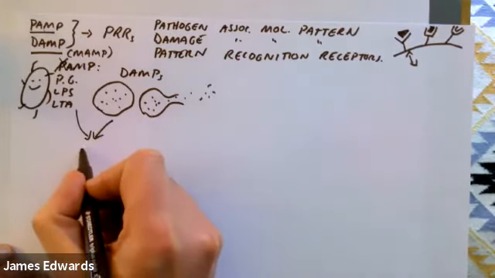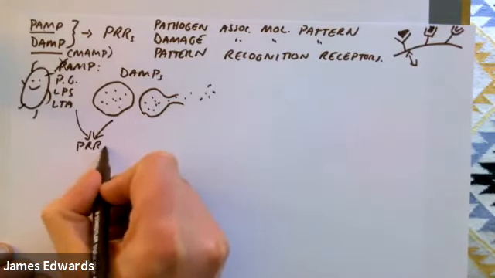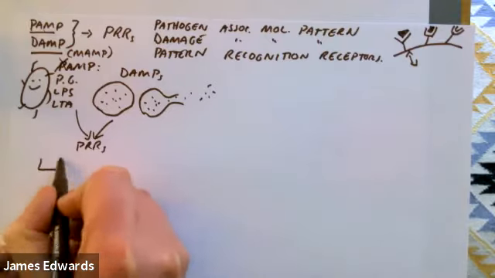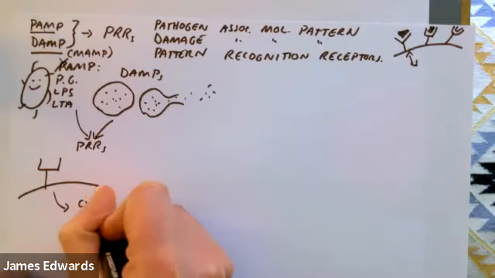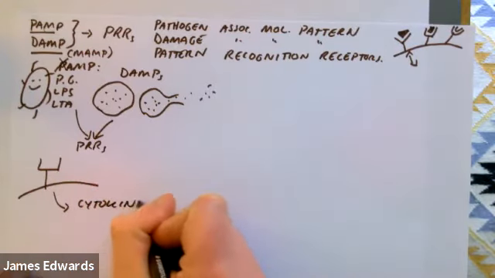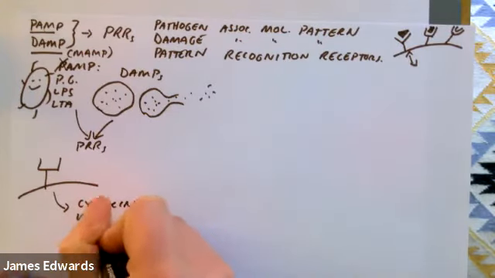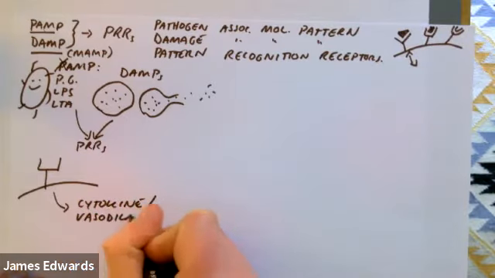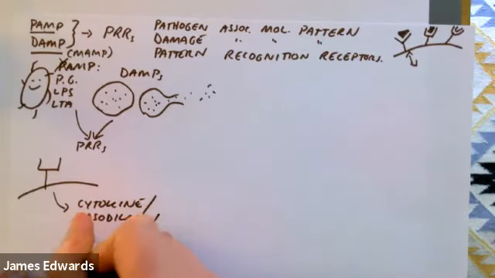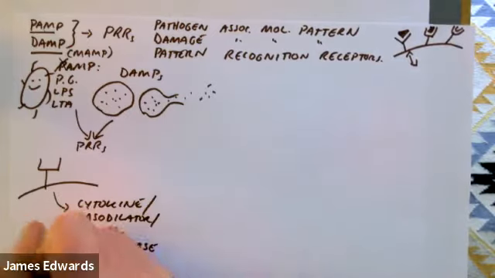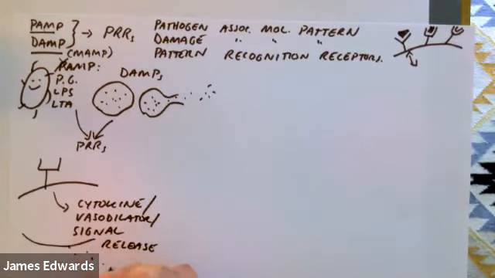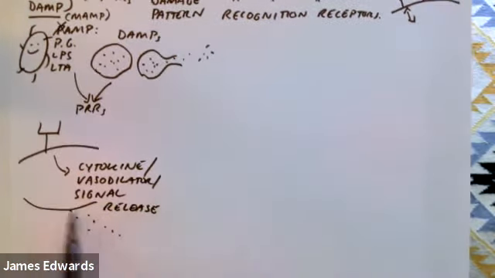These are detected by pattern recognition receptors, the things sticking off the surface of cells, which ultimately trigger a cytokine or vasodilator or some kind of signal release. That's important for telling nearby cells and the rest of the immune system what's going on.